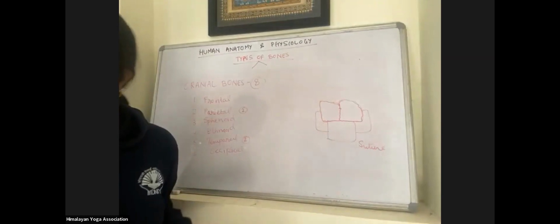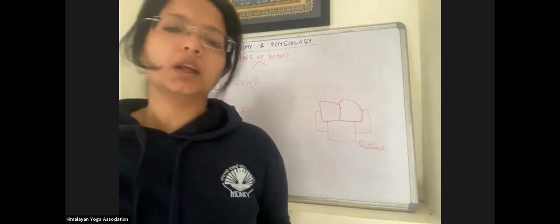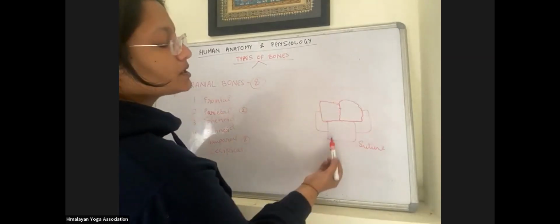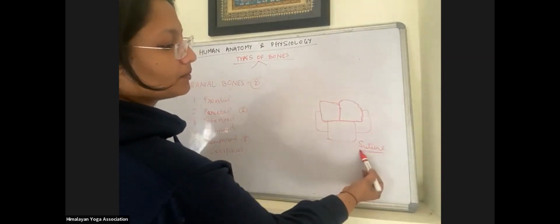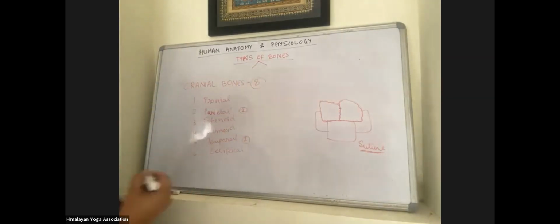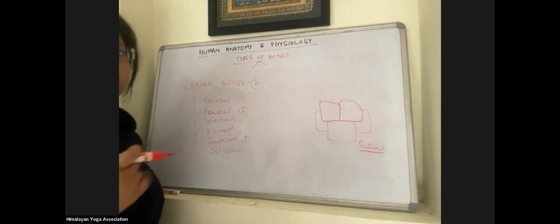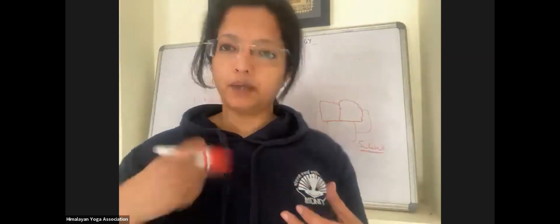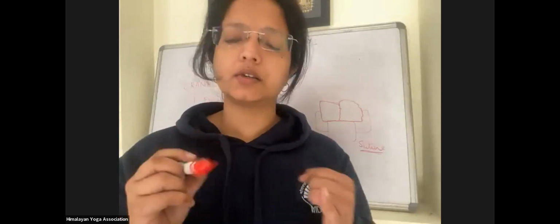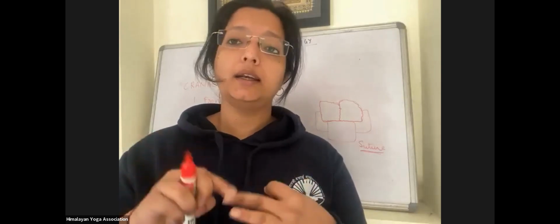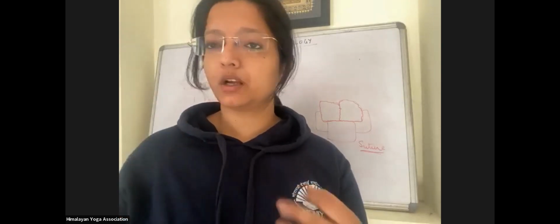Okay, the joints of cranial bones are called sutures. Now you see the brain. It has to receive blood so that it receives all the nutrients and oxygen, and it can send away the carbon dioxide.